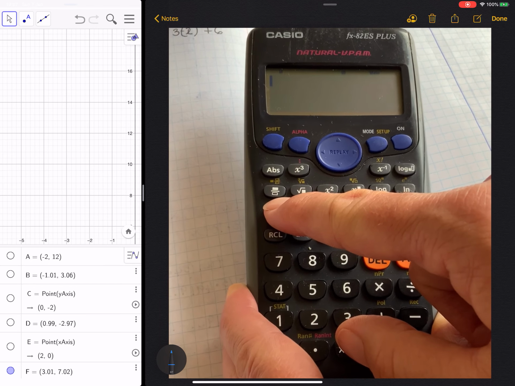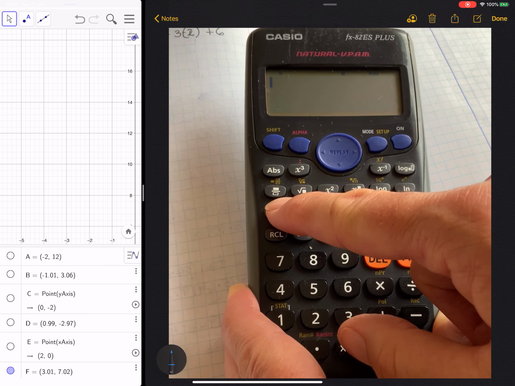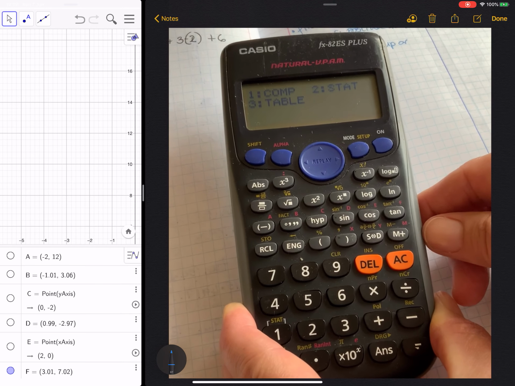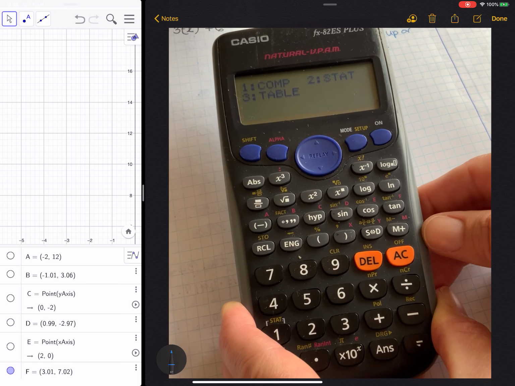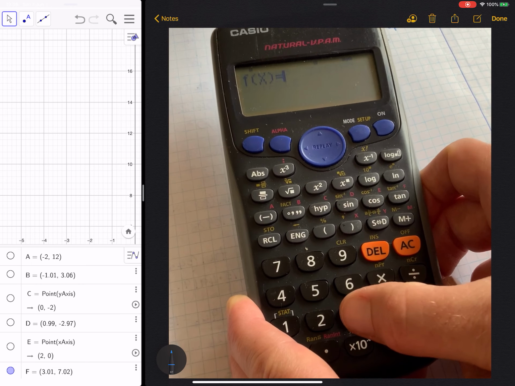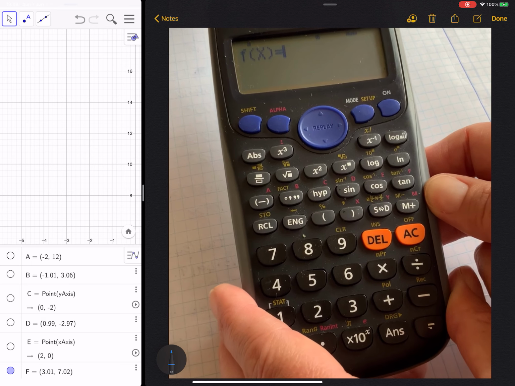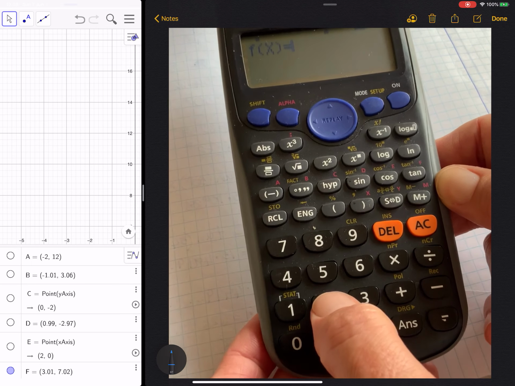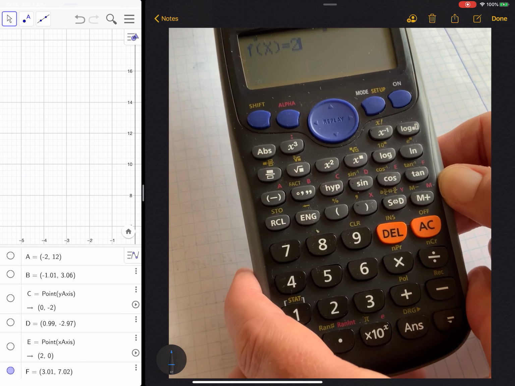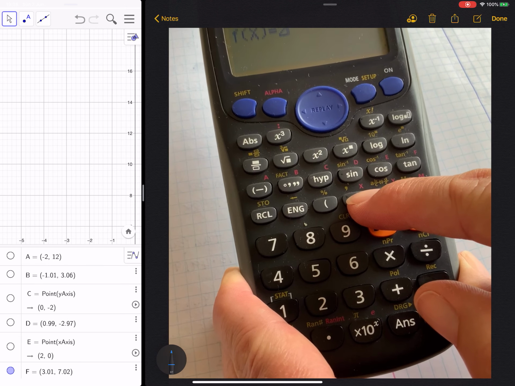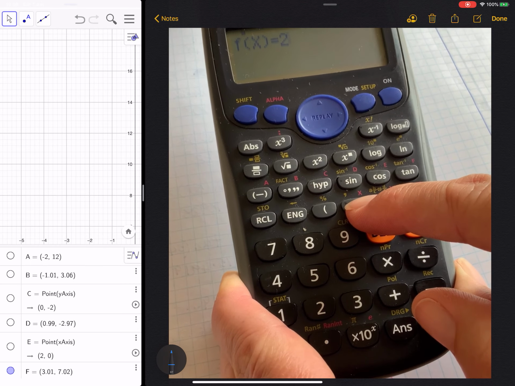Okay, so to produce all of these values on your calculator, what you're going to have to do is press mode. You have 3 options: comp, stat and table. It's option 3 for table, and then you're going to have to input the function, and the function was 2x squared, so 2. Now to get your x, it is the red x here, and so to get the red function you need to press alpha.